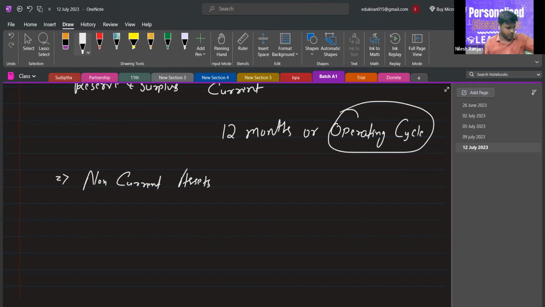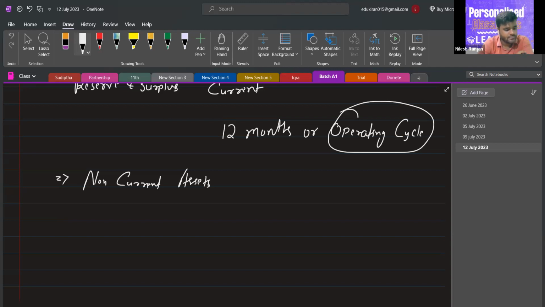Can you see the financial statement format given in your book? Yes, sir. Okay. So when you see under non-current assets, the first item given, which was previously fixed assets, but now it is changed, I think.